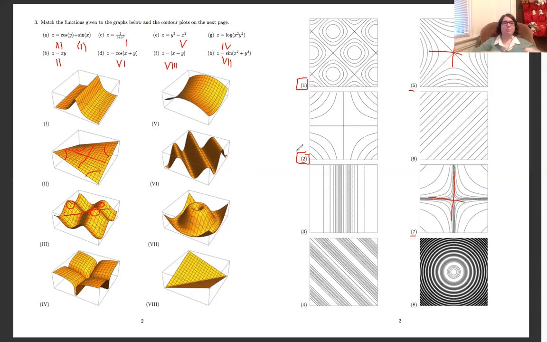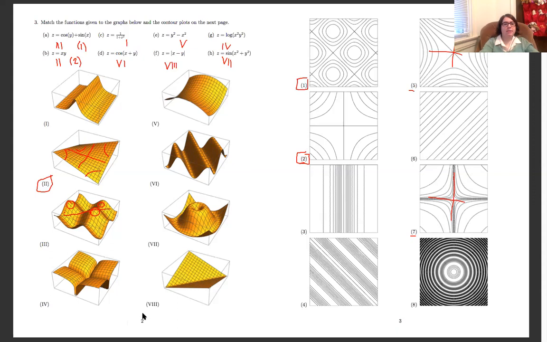It seems like I'm changing in a pretty mellow direction, whereas in 7, the fact that these are getting closer and closer the closer I get to 0 tells me I should be bunching. The function should be changing quickly near X equals 0 or Y equals 0, and that's not really the case with my graph 2. So I'm going to say that graph 2 should match contour plot 2.